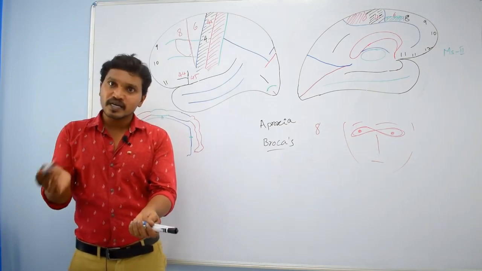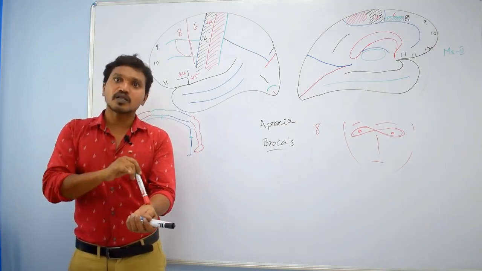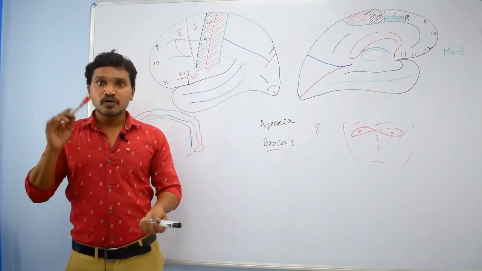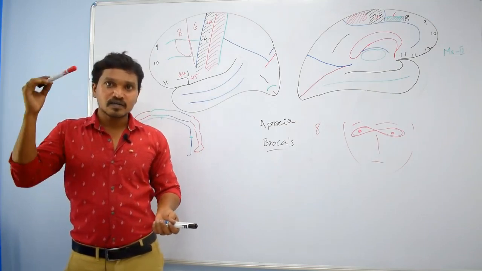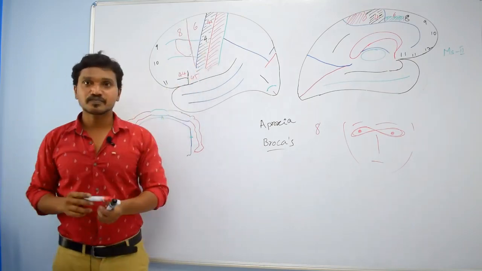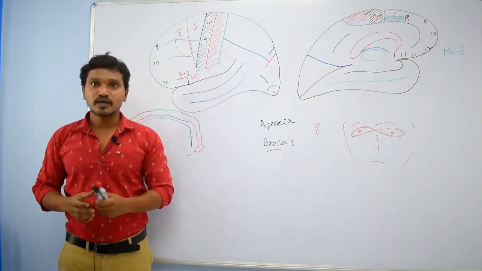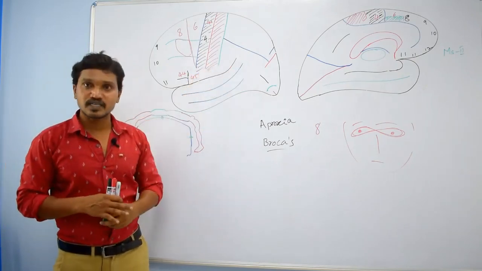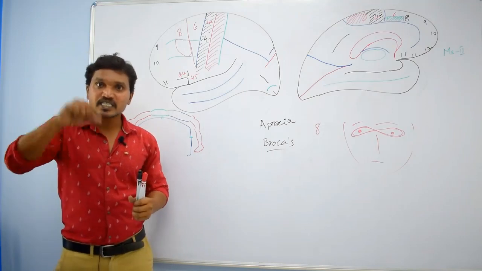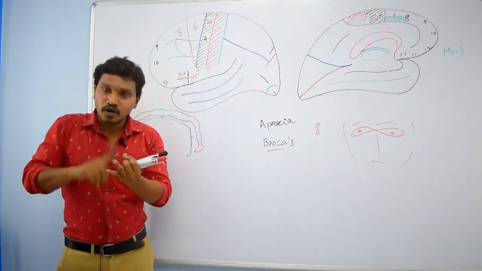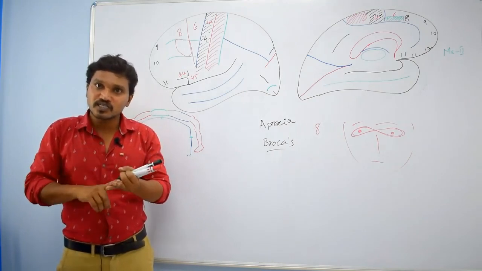Imagine if you apply any stimulus on a particular part of your body, you can record some electrical activities in this region. This somesthetic area receives cutaneous sensations and proprioceptions.